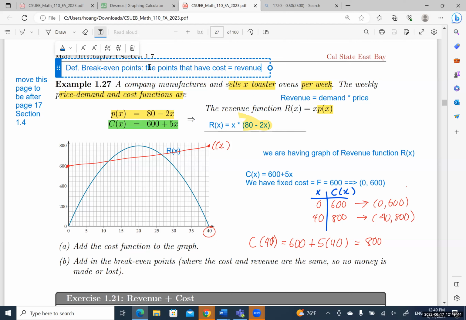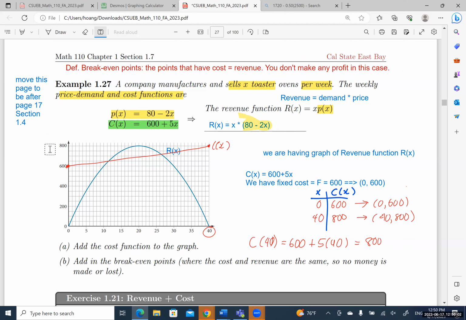It means you don't make any money, right? You don't make any profit in this case, right? So this is bad.